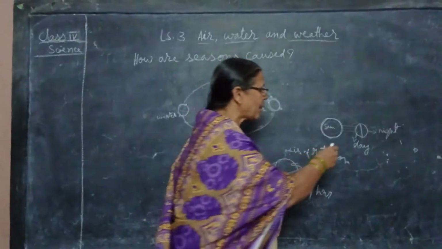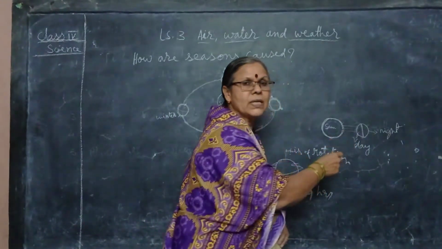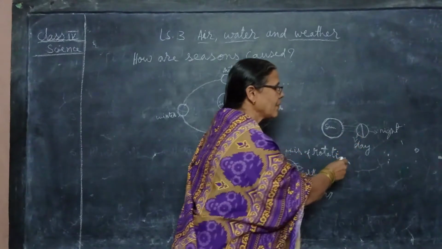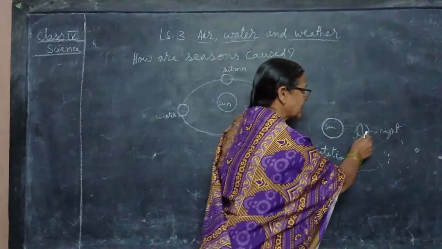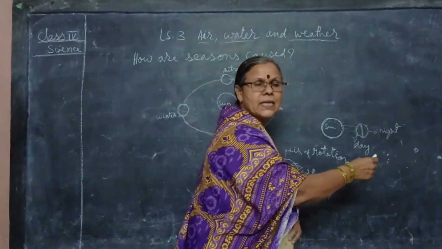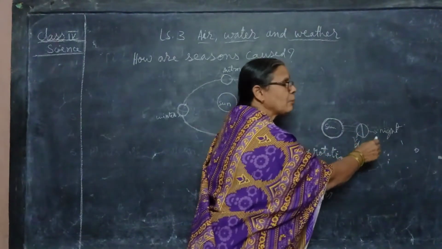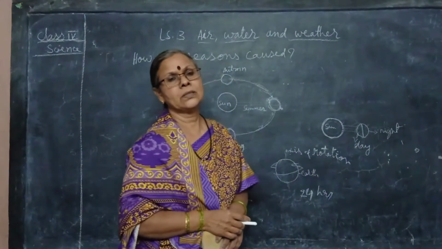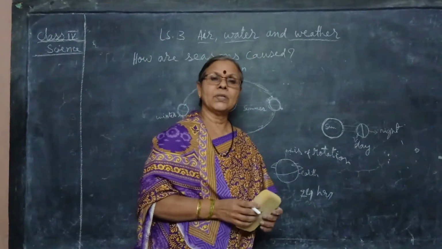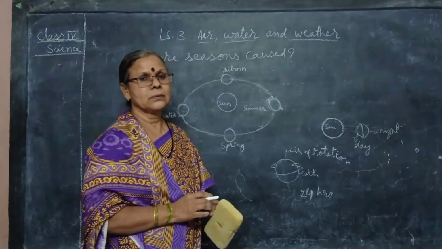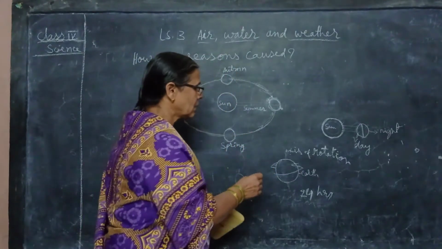Whichever part comes in front of the sun and the sun rays are falling on this part, this is the daytime, and whichever part is away from the sun, this part is called the darker part. This darker part is called night. The spinning movement of the earth around itself is called rotation of the earth.